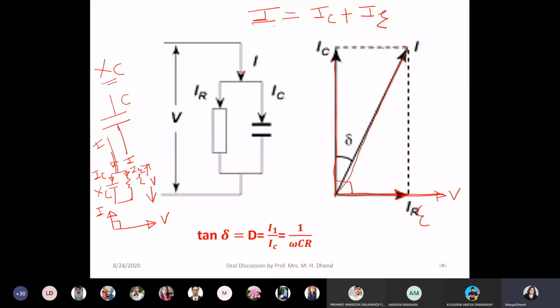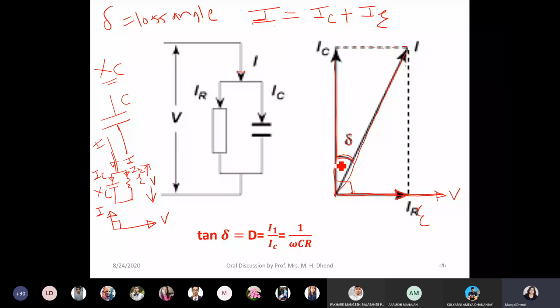Now see, the current through the capacitor will not lead the voltage by 90 degrees, but it will fail to lead the voltage by 90 degrees by an angle delta. This delta is known as the loss angle.